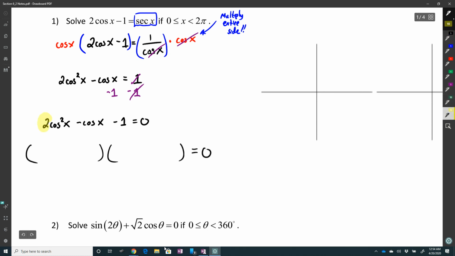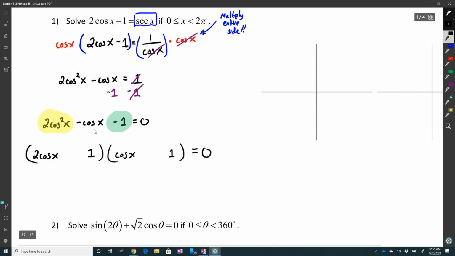For cosine, if it's a clean factor, there's only one way I can get 2 cosine squared x, and that's with 2 cosine x and cosine x. As far as getting a 1, there's really only one way to do that. These have to be 1 and 1.